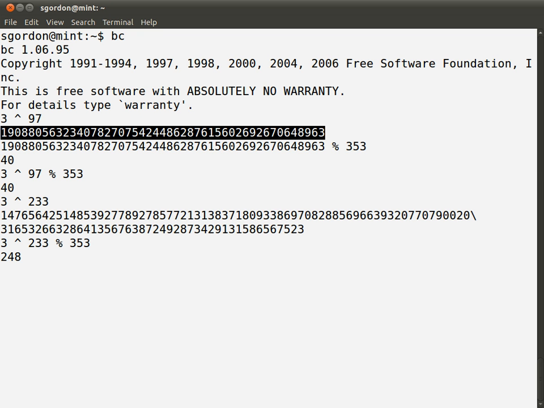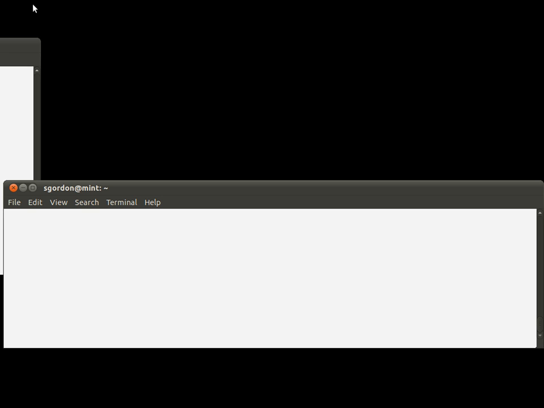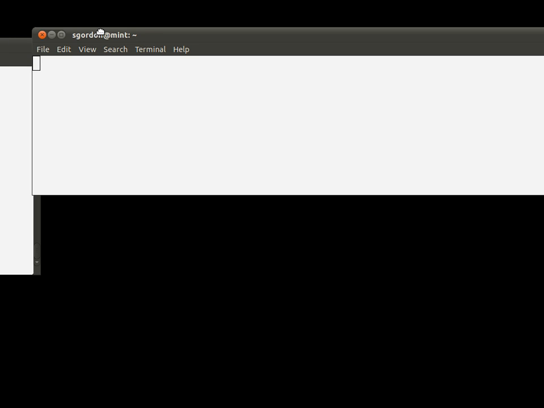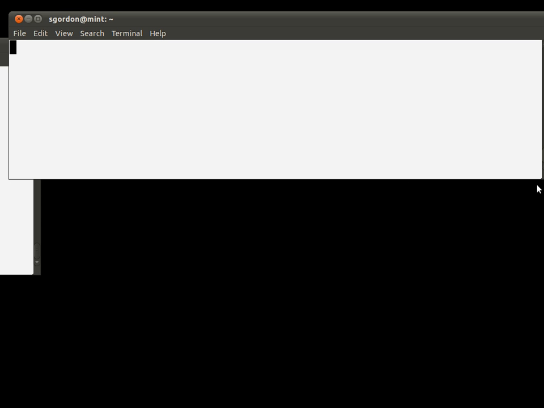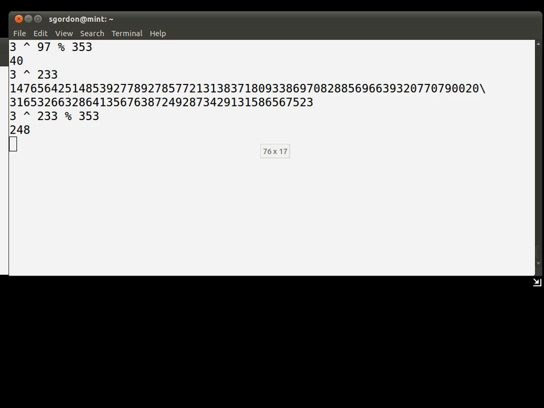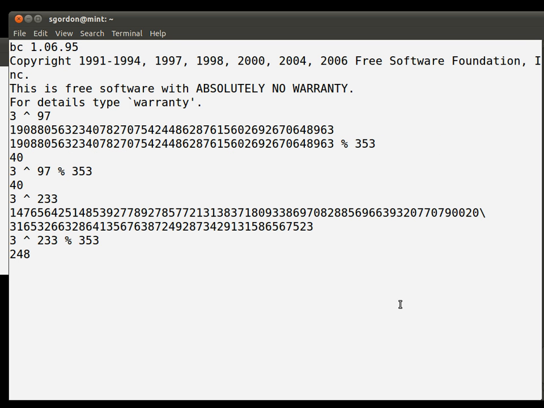Sorry, I'll move that across. So just a calculator to calculate these large exponentials: 3 to the power of 233 mod 353 is 248.